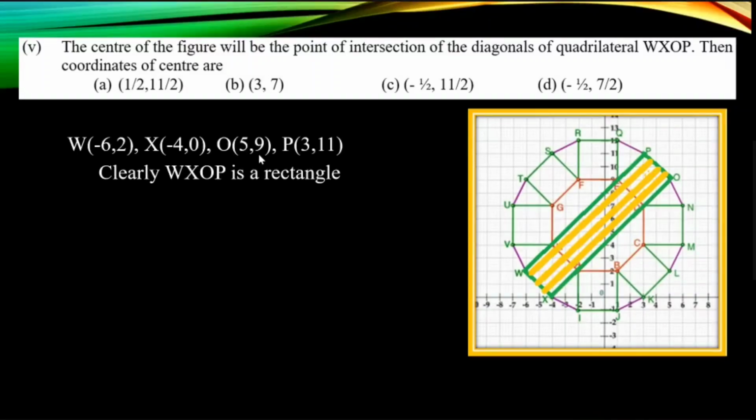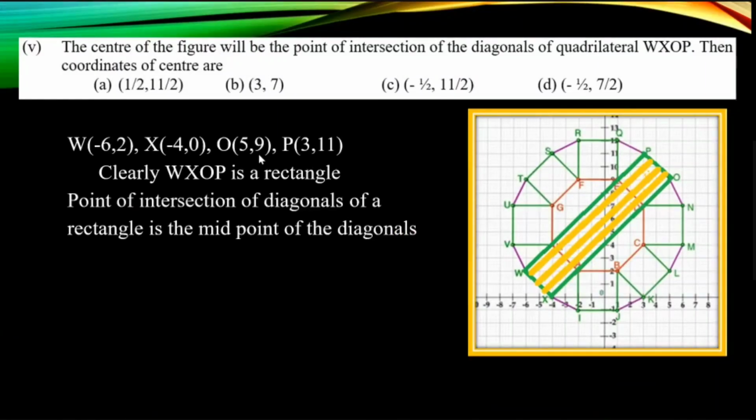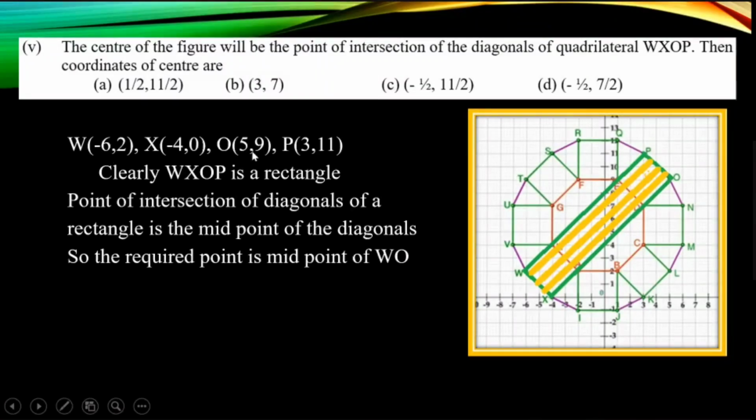The point of intersection of the diagonals will be the midpoint of any of the diagonals, maybe of WO or of PX. So if I take the midpoint of the diagonal WO, the midpoint is given by ((-6 plus 5) upon 2, (2 plus 9) upon 2), which is equal to (-1 upon 2, 11 upon 2).